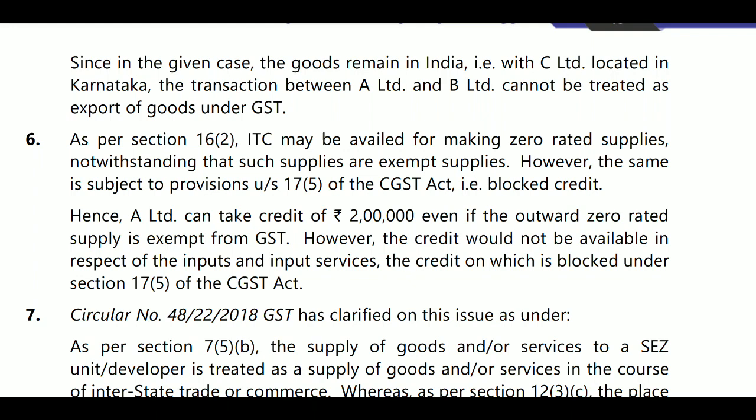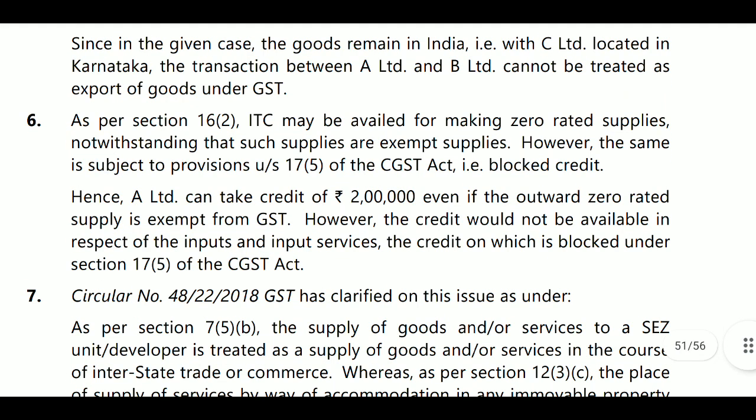So whatever input tax of 2 lakhs the company paid on inputs and input services used exclusively in effecting zero rated supplies, A can take 2 lakhs even if the outward zero rated supply is exempted from GST. This is dealt with in section 16(2). However, section 17(5) says the credit would not be available in respect of inputs and input services on which credit is blocked under section 17(5) of the CGST Act. This is question number 6.